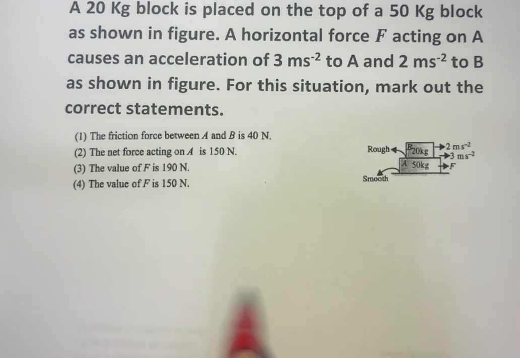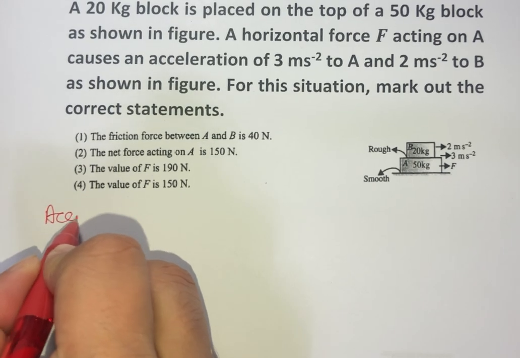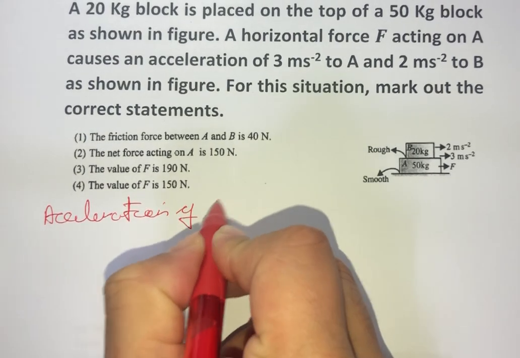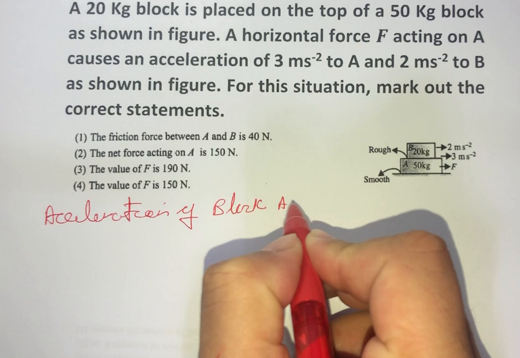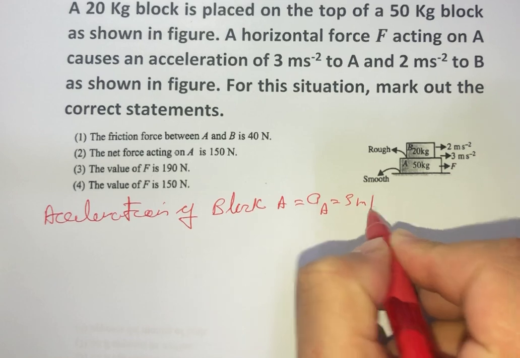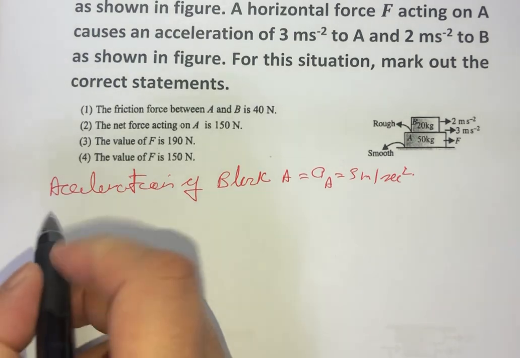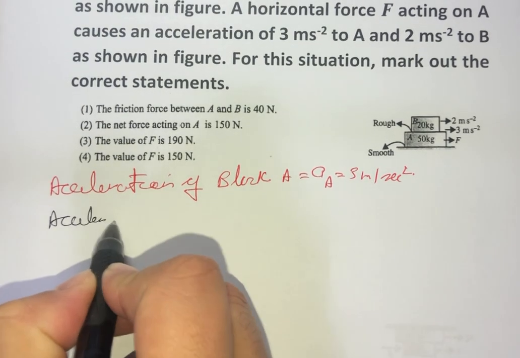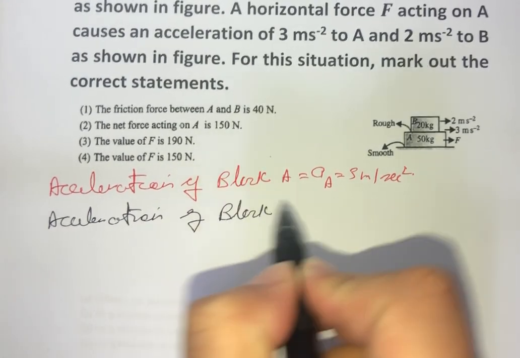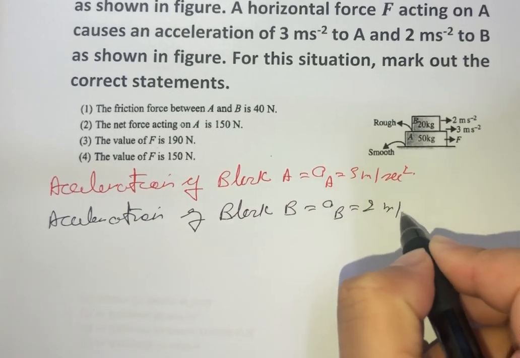So let us say that acceleration of block A is represented by AA, which is 3 meter per second square, and acceleration of block B is given as AB, which is 2 meter per second square.